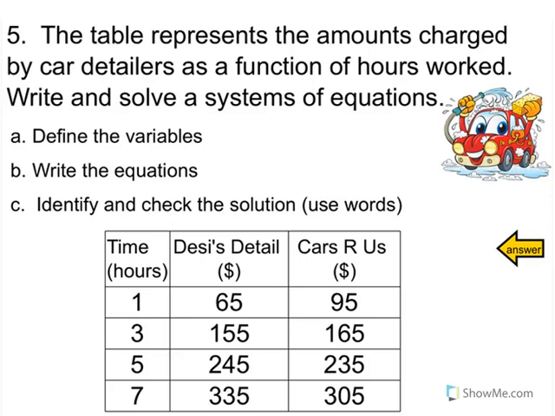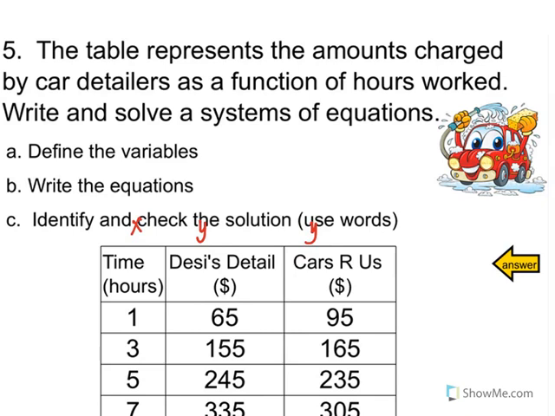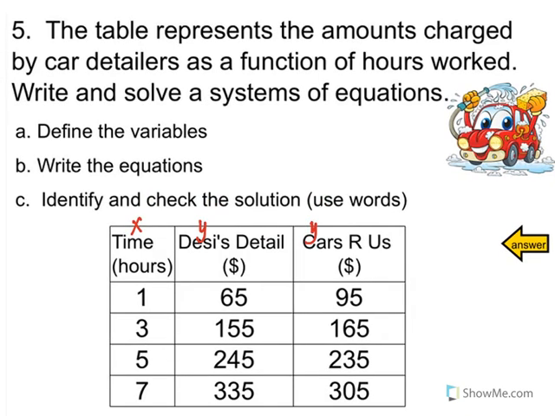Again, if we're writing it from a table, we have this table that has 2 y values, so x, y, and y. We're going to write the 2 equations from the table, so let's start by finding the change in y over change in x. So my change in y for my first table, as I go from 65 to 155, is increasing by 90.